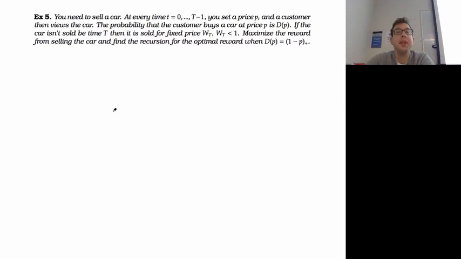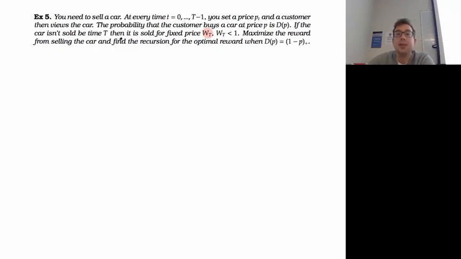Depending on which customer comes, there's a probability that the customer buys the car at that price P, and the probability is D of P, where D means demand. If the car isn't sold by the end of time capital T, then the car is sold at some fixed price, capital W T. Your aim is to maximize the reward from selling the car.